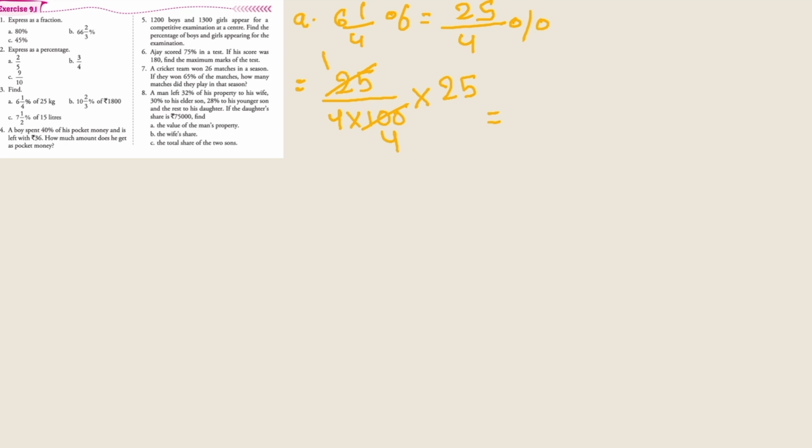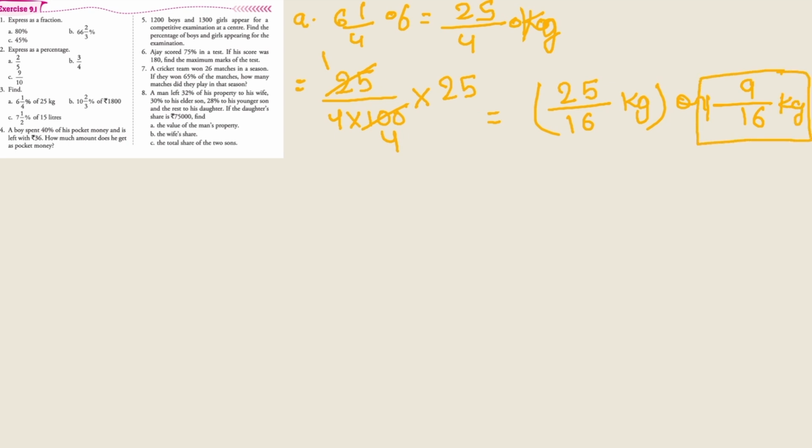So this will be 25 upon 16 kg. Or if we want to convert it into a mixed fraction, we can. 1 and 9 upon 16 kg is the correct answer.